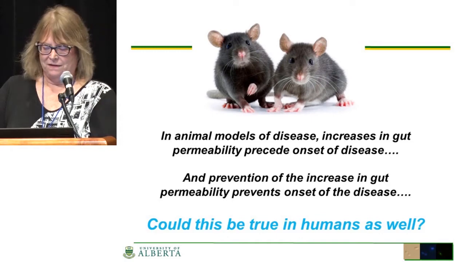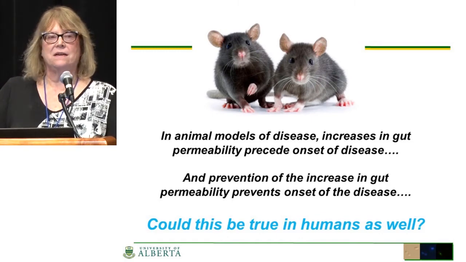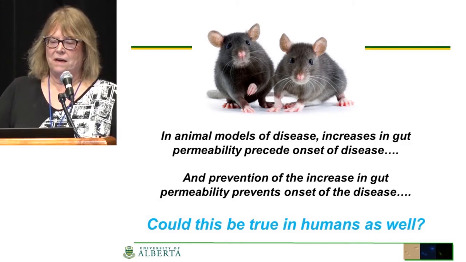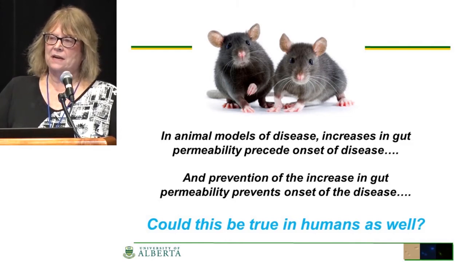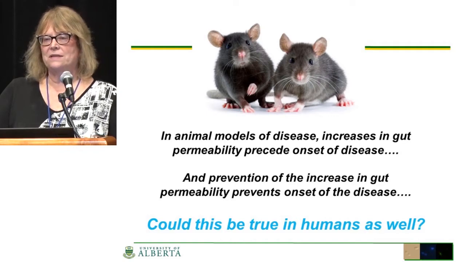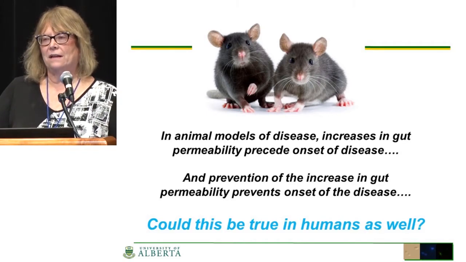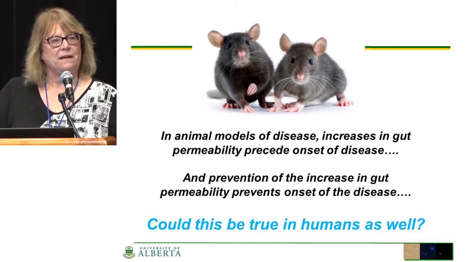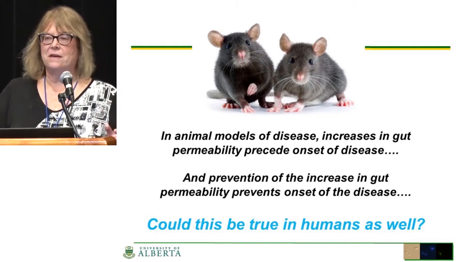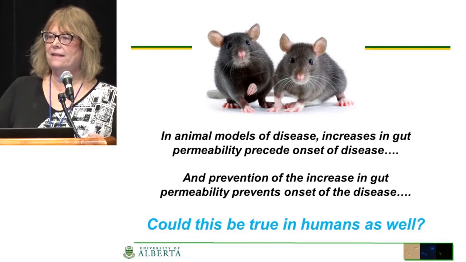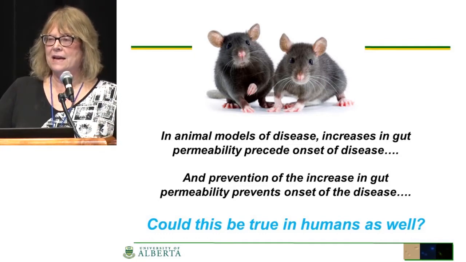We've heard about that. Mouse studies, it's easy. In a lot of mouse studies of colitis, diabetes, you will see an increase in gut permeability before the onset of colitis. And you can prevent the onset of that colitis by changing the bacteria mainly. Using treatments to change the bacteria, to change gut permeability, prevent the onset of the disease in animals.